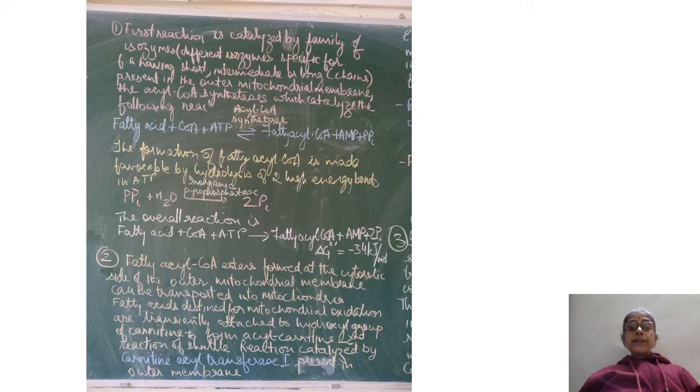Now, in the second reaction, fatty acyl-CoA esters formed at the cytosolic side of outer mitochondrial membrane can be transported into mitochondria, and fatty acids destined for beta oxidation are transiently linked to hydroxyl group of carnitine, and this forms the second step to form fatty acyl carnitine, and this reaction is catalyzed by carnitine acyl transferase 1, which is present in outer membrane.